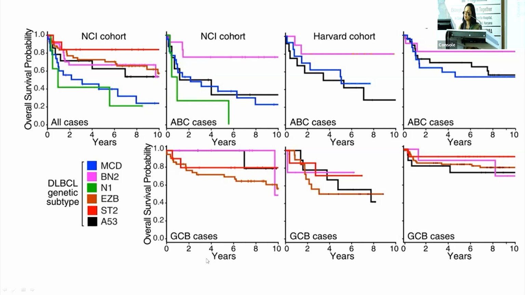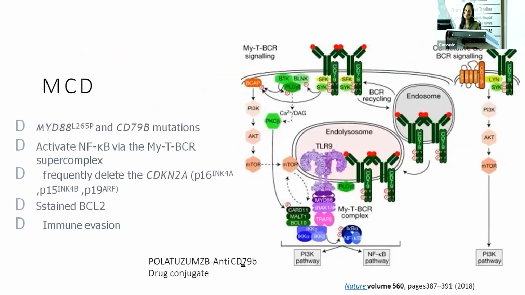And if you look at the GCB cases, clearly this group EZB is the worst performer, which you are seeing. So there are similarities in all of these groups, and more or less these are likely to be adopted, though presently WHO is not recommending adoption of these groups, which is going into the detail of these, because I feel they have a lot of prognostic value and even therapeutic value.